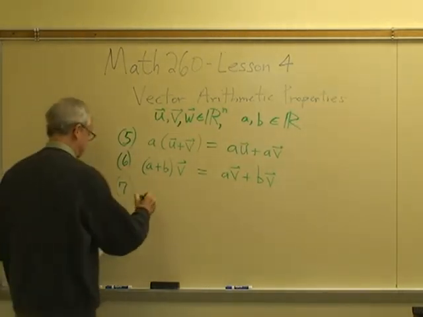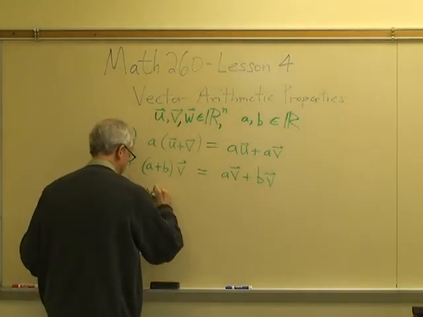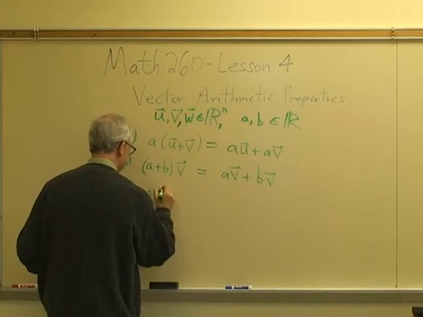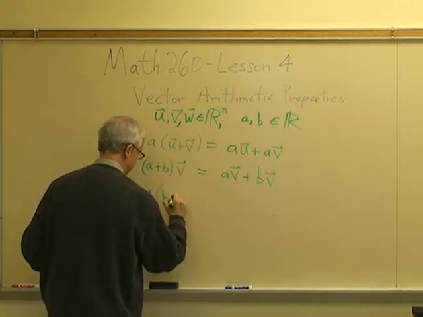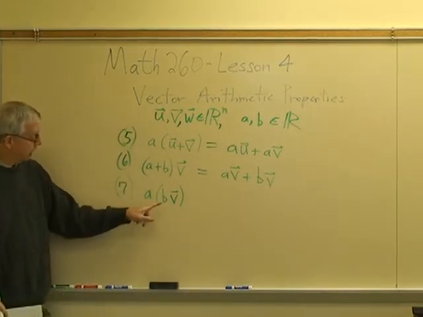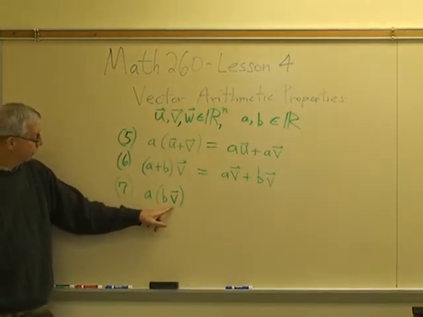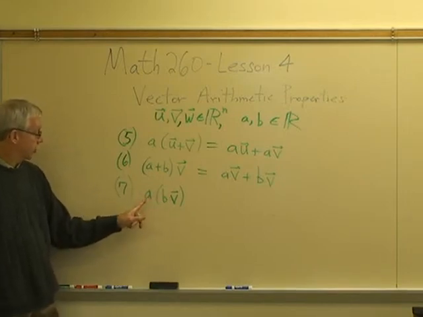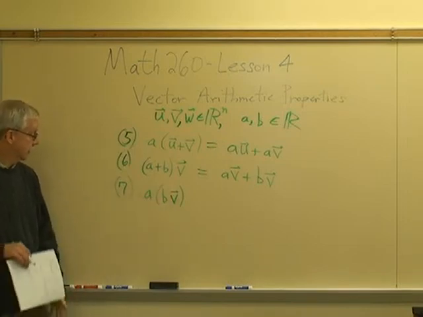Property 7. This is a strange one. I multiply the number b times the vector v, the answer is a vector, and then if I multiply by a, I'm multiplying a by that answer vector.